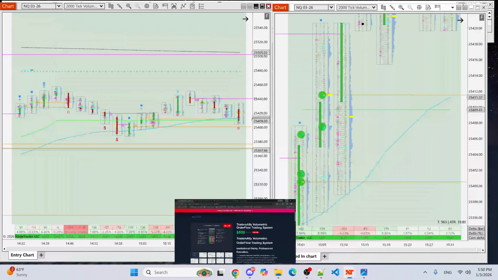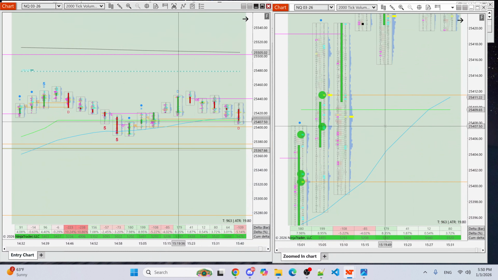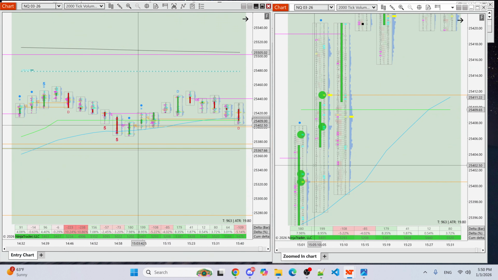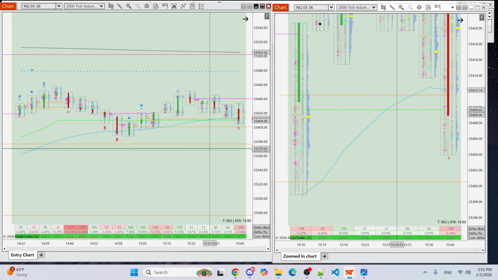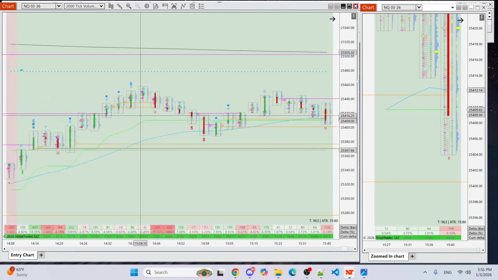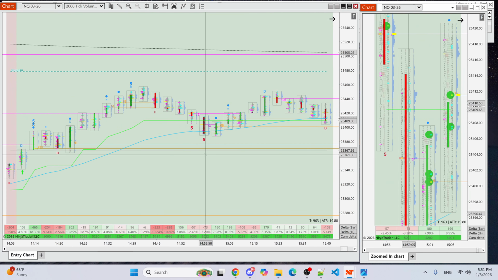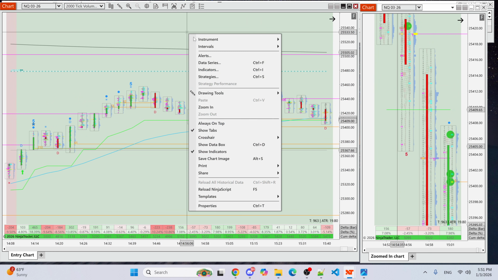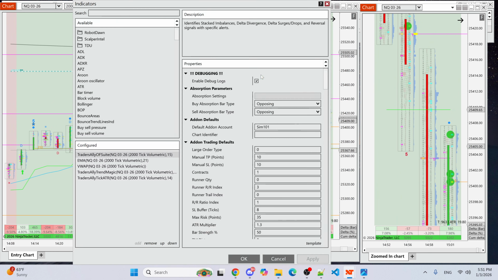So, if we're going to look at our indicator, it's displayed. Let me minimize this a little bit. So, large order, let's open the selection.